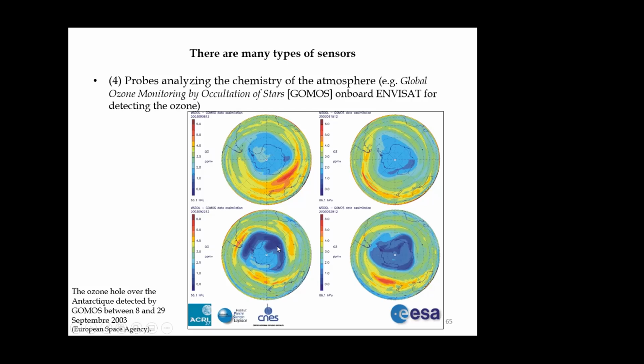So these are different acquisitions. This is September 8, this is September 15, September 22, and this is September 29. So you can see that the area is always depleted in ozone, but sometimes the depletion is more important.